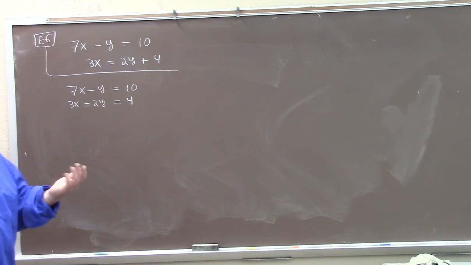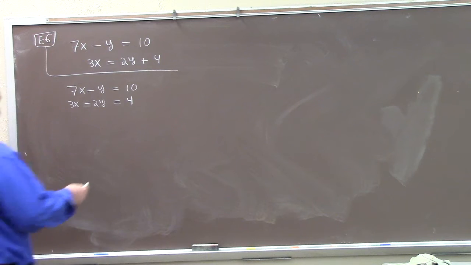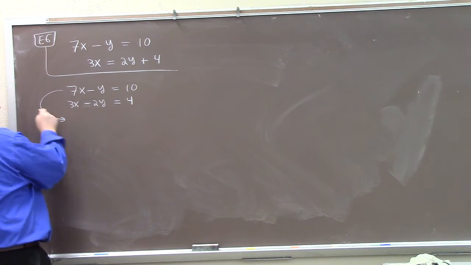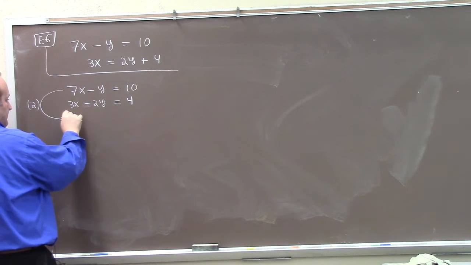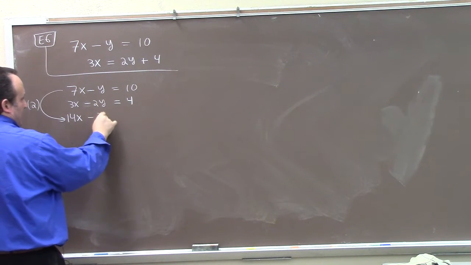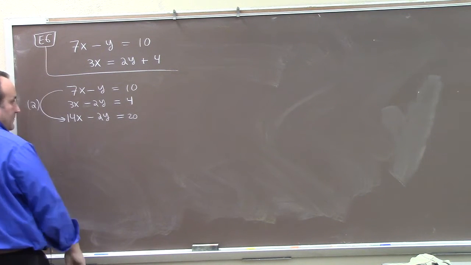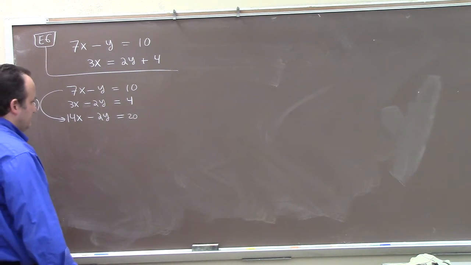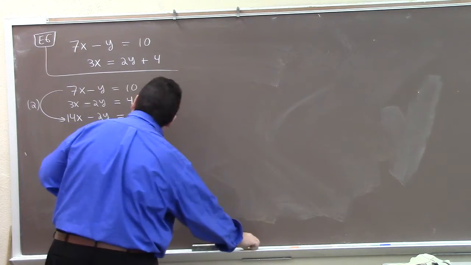And I could try to do elimination. So if I multiply the second equation by 2, it gives me 14x minus 2y equals 20, right? And then I can subtract equations.